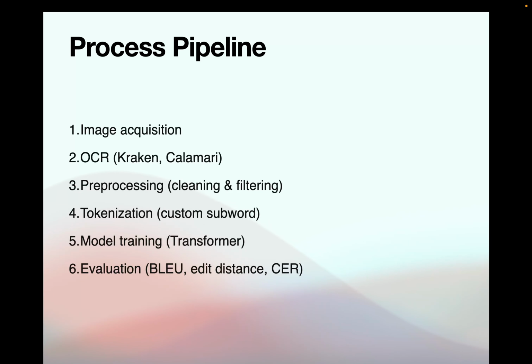And the raw data will then go to the pre-processing, that is the cleaning and filtering, through which we have a clean data. And with those data, we will build a custom subword tokenizer, which will then be used in the model training. And finally, we have the evaluation with different metrics shown here.